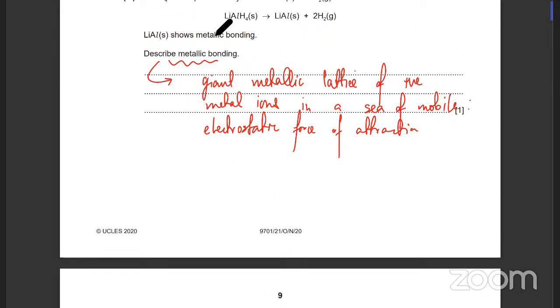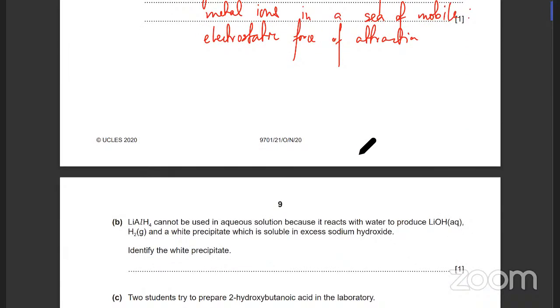Usually when they talk about metallic bonding, they're not really talking about the bonding itself specifically, but the whole structure. Whenever you get a question about metallic bonding, you have to describe the whole structure, and then also write the end part: why are they attracted to each other? Because the positive ions and the mobile electrons have an electrostatic force of attraction.